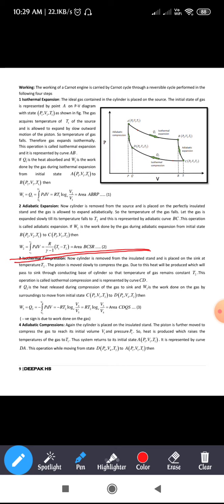Now we need to calculate the work done. When the gas is allowed to expand, the piston moves in the upward direction, so work is done by the system.